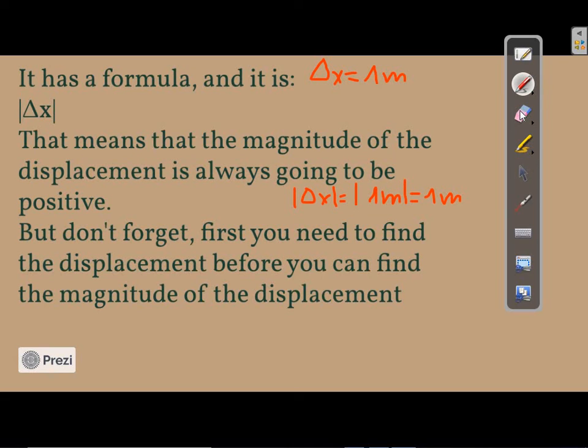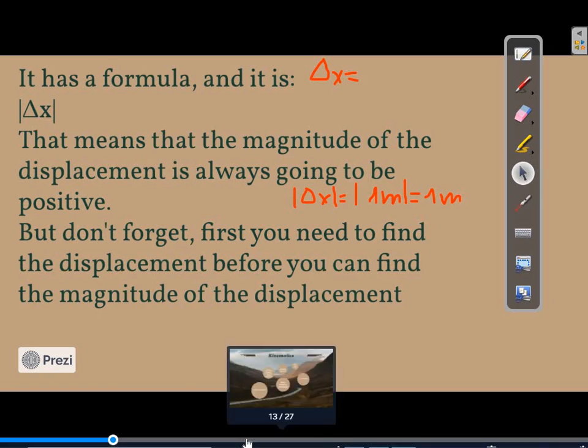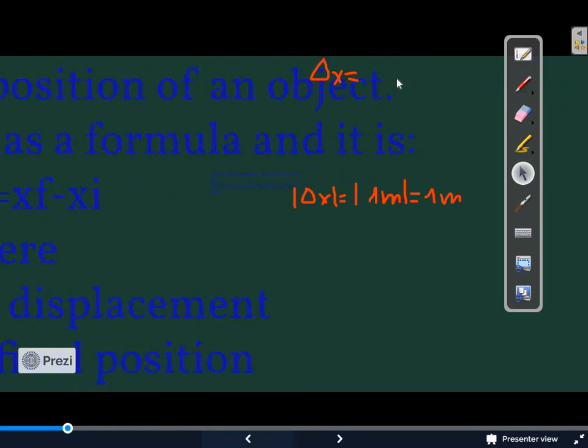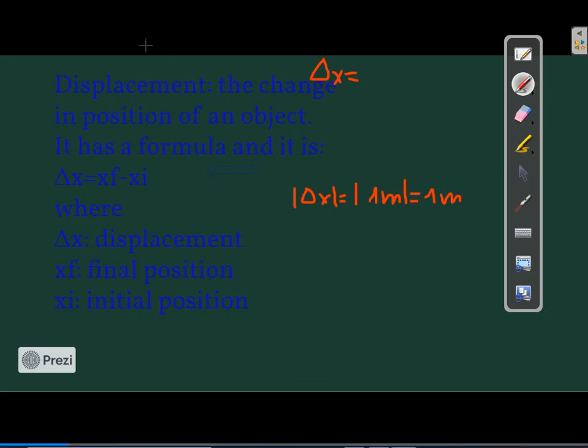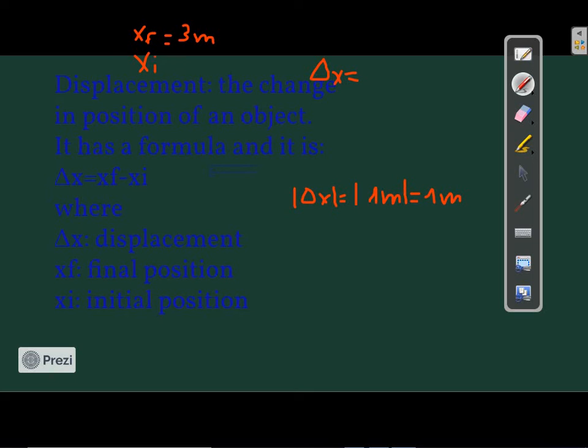But what if the result of the displacement is negative? Let's go back to the previous example. Let's suppose that now the final position is 3 meters and the initial position is 4 meters. I make the subtraction, 3 meters minus 4 meters, and I get a result of minus 1.